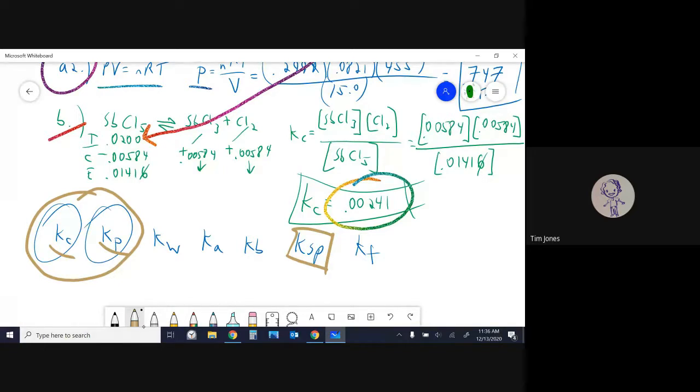When we start second semester, we will have Ka and Kb and Kw for acids, bases, and water. And then we will spend just a little bit of time with something called Kf, which has to do with the formation of a complex ion that you don't know much about yet. We'll be introducing that in the next chapter, not the current chapter on equilibrium.